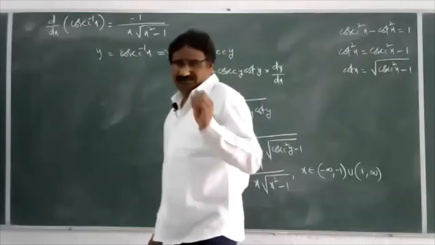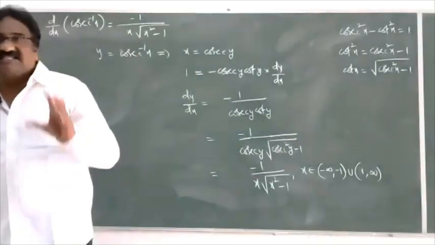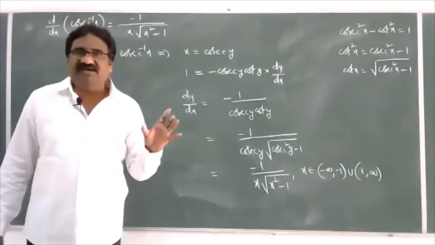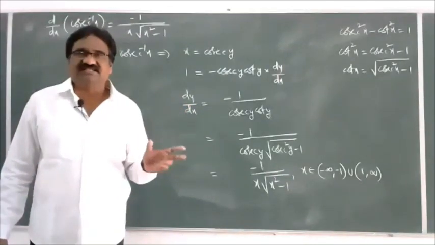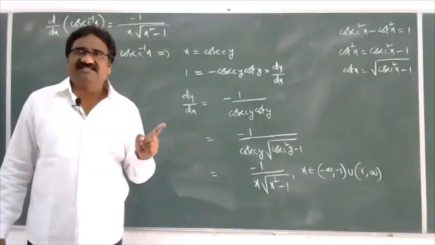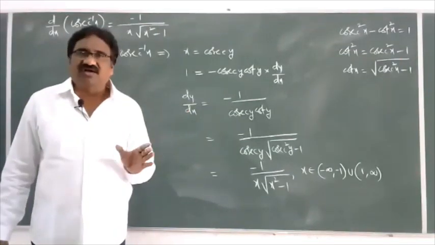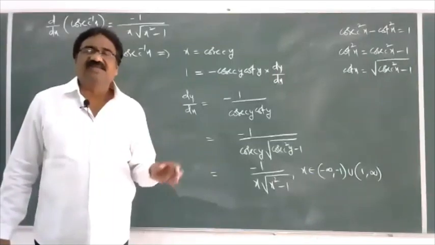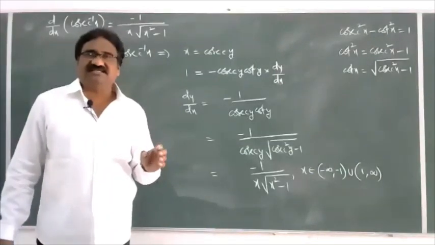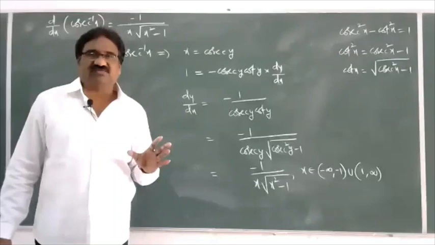So we discussed the six inverse trigonometric functions. The derivative of sine inverse x is 1 by root of 1 minus x square. The derivative of cos inverse x is minus 1 by root of 1 minus x square. The derivative of tan inverse x is 1 by 1 plus x square.